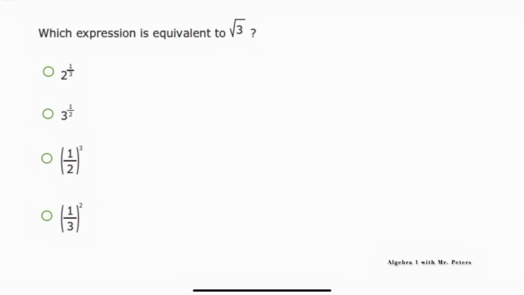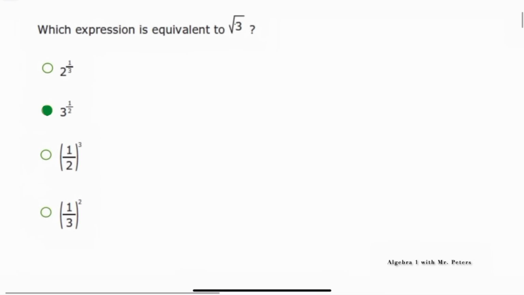Problem number 8, simple problem. They ask us which expression is equivalent to radical 3. We should know that the answer choice is just B. Anytime you have a square root, it's just taking that number to the 1/2 power. And when we look at the answer choices here, we have a base of 3.